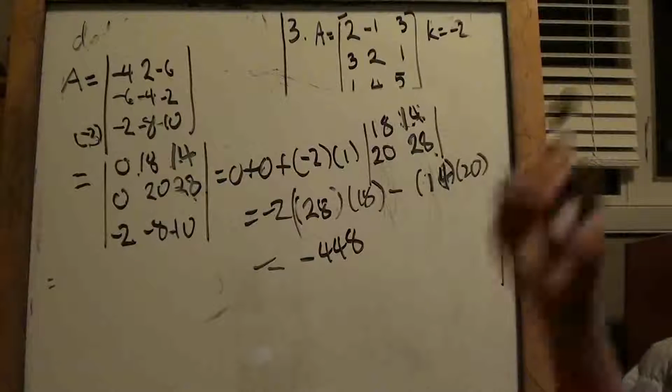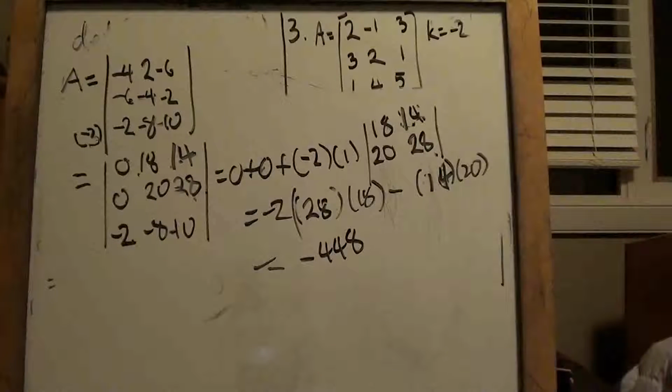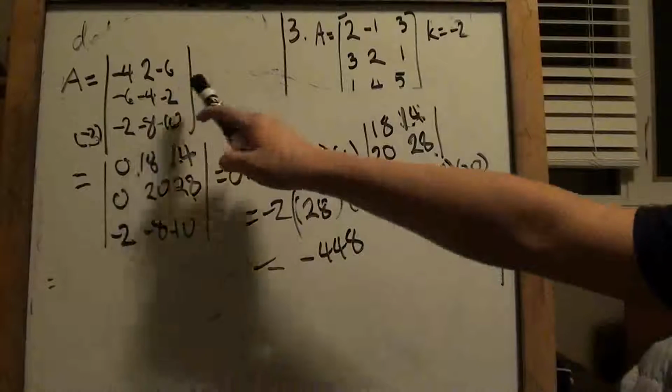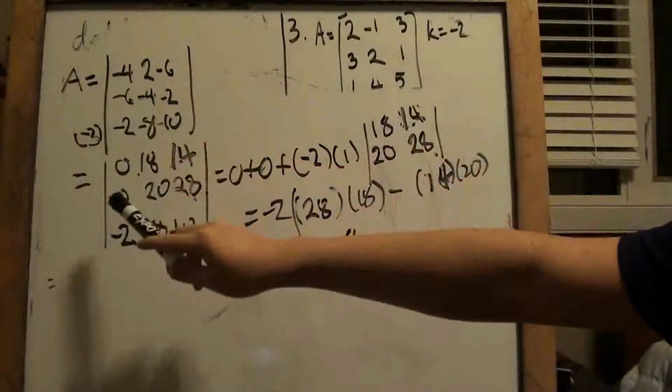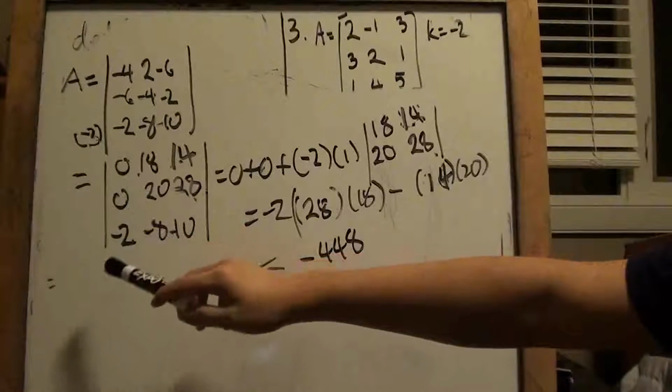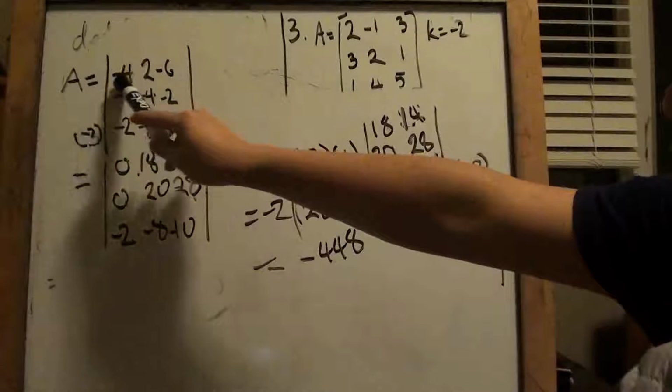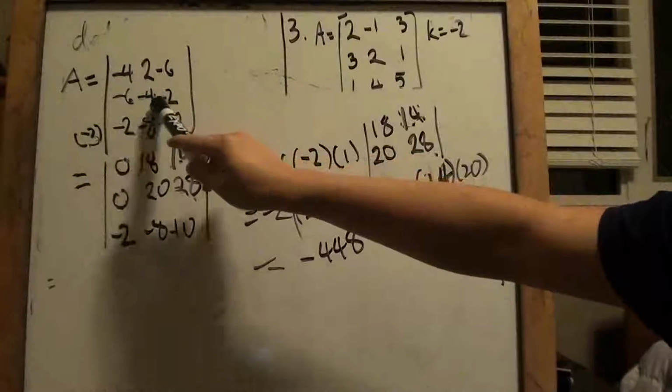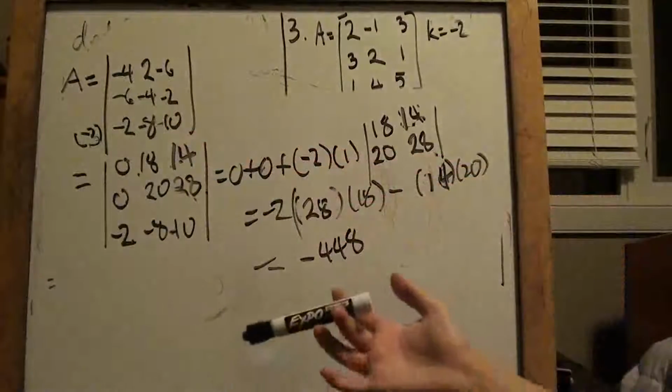I know that your textbook uses the determinant of A to find the determinant straight from the get-go. I think that's unwise. Even after simplification, I still was having trouble getting the right answer. Nonetheless, this is what I did. So please use these. Do not do what the solution book is doing, because literally you're just doing -4 times the determinant of this. That's just a lot of calculation.